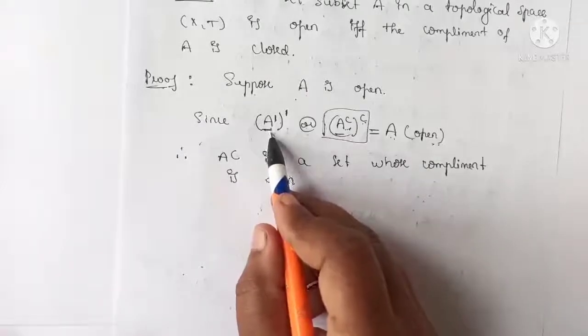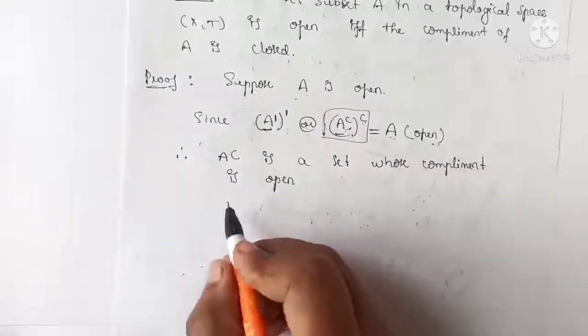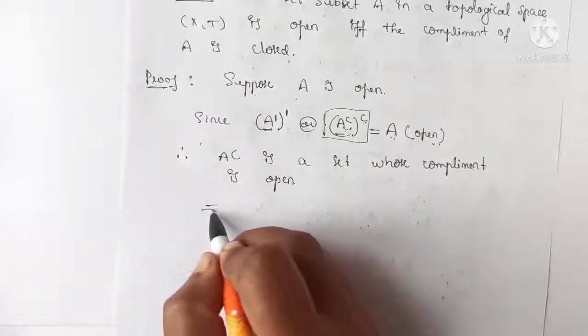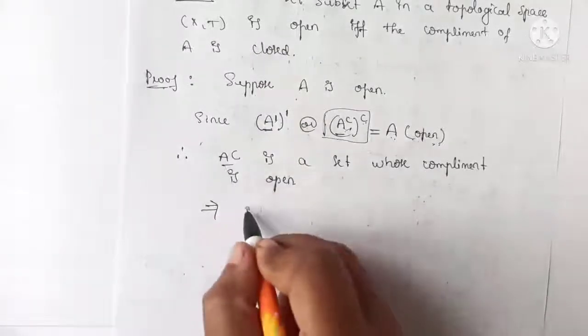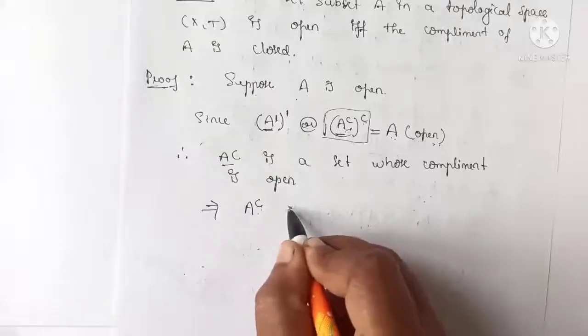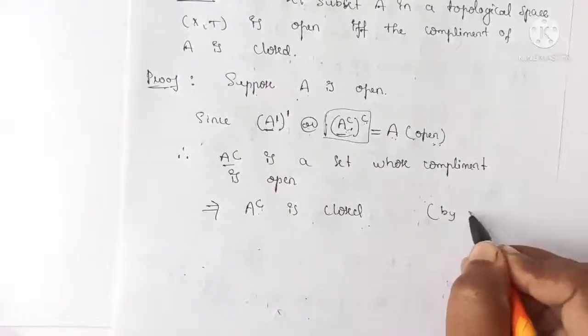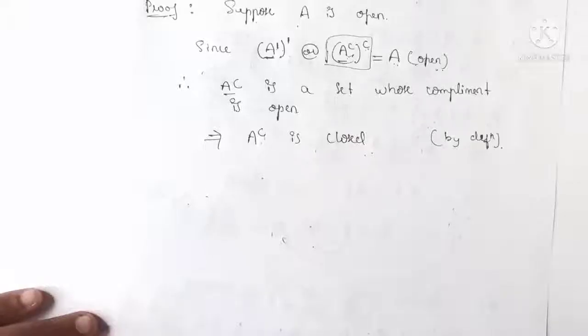So if the complement of any set is open, then we can say that that set is closed. So here we can say that A complement is closed, by definition, right?